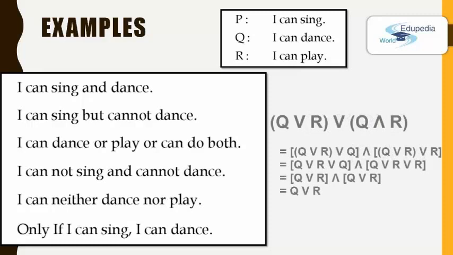If we apply the fundamental laws that we have learned in a previous episode, then we can reduce this expression. So let's first apply the distributive law for this. If we apply the distributive law, we can reduce it like this. And then here you can see it uses the same variable twice.